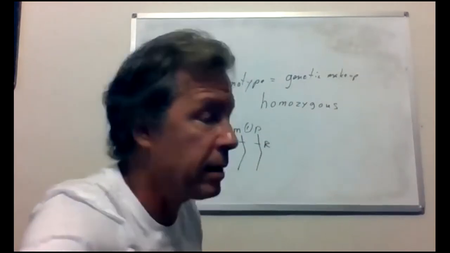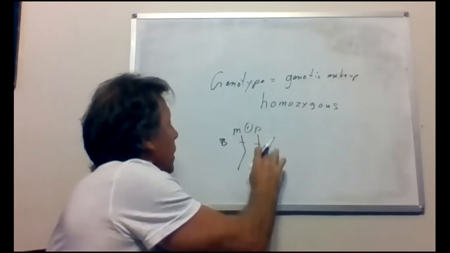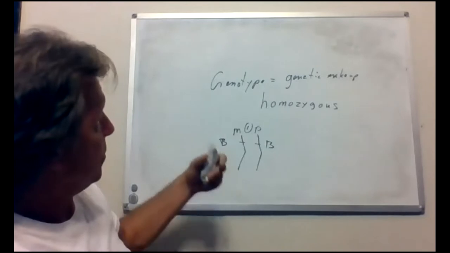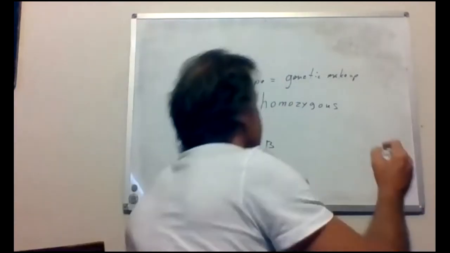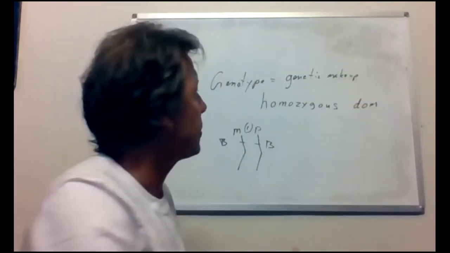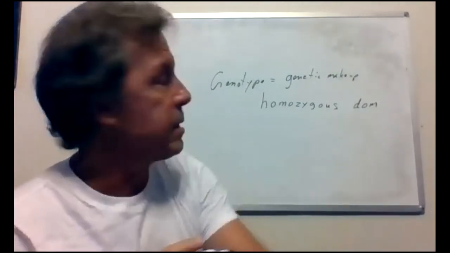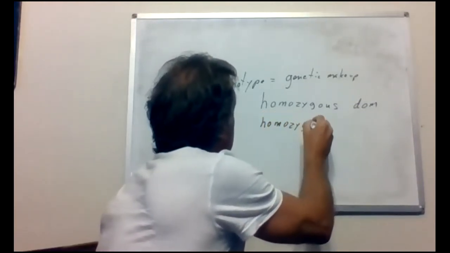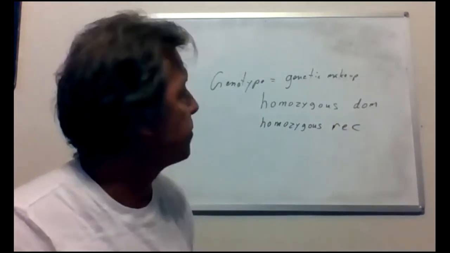Now, again, without getting into many details, we're going to say that when you're talking about homozygous, we have to say, is it homozygous dominant? And we'll discuss what dominance means in a minute. Or is it homozygous recessive?